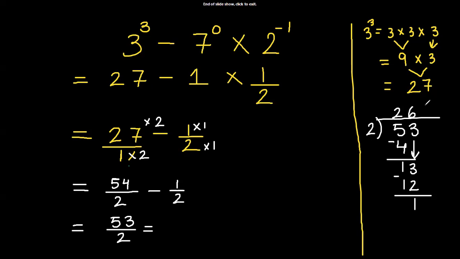So the whole number is 26. The numerator is 1, and the denominator is 2. Some people put 26.5 with a decimal, but when you do mixed numbers, you don't put the decimal point.